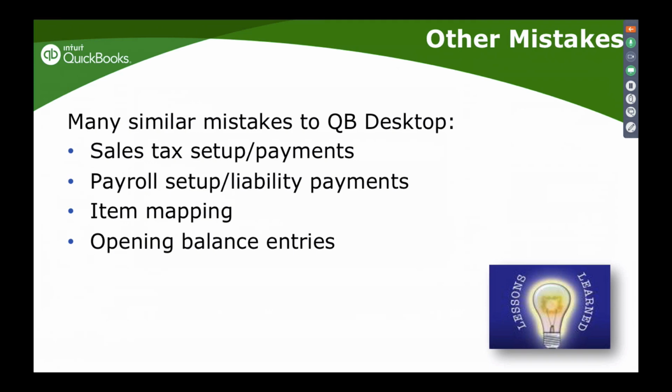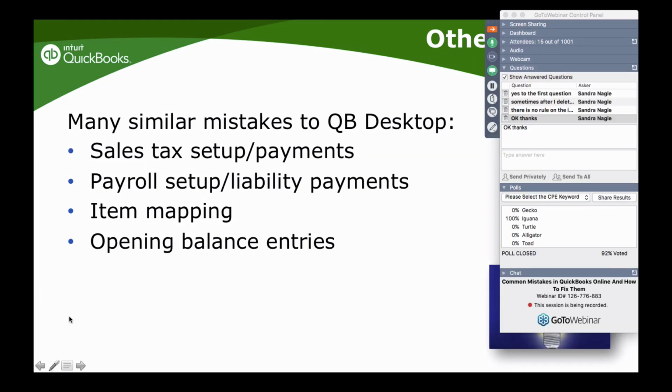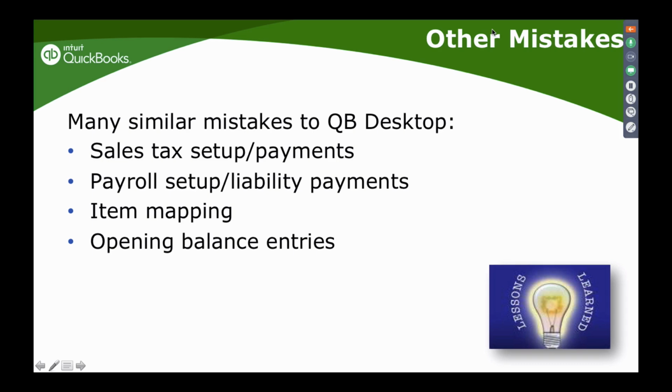Whatever you map your items to, it's a very common mistake, and you may need to go back and make those corrections. So item mapping is what we discussed earlier, which is selecting the accounts in the chart of accounts that affect those items, and those are going to be driven through transactions.